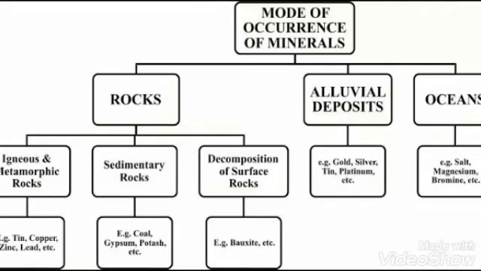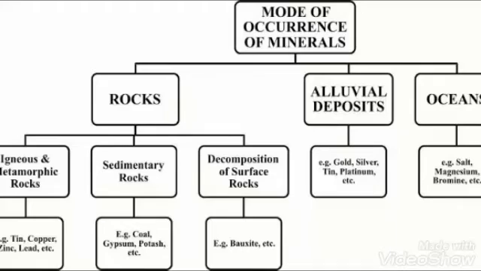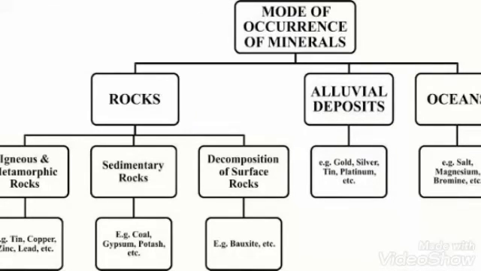If you see where minerals have been found, they have been categorized into five different categories. The first one is igneous and metamorphic rock. Minerals found in igneous and metamorphic rock occur in the cracks, faults, or joints there. And when these joints or faults become larger, they are called lodes.